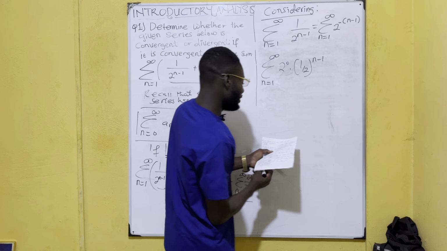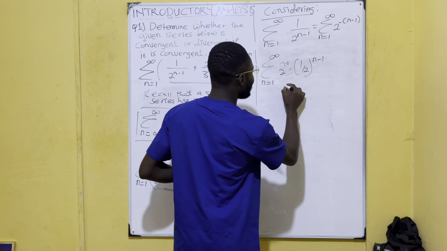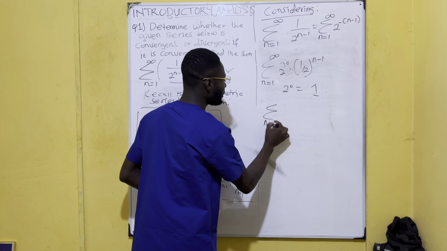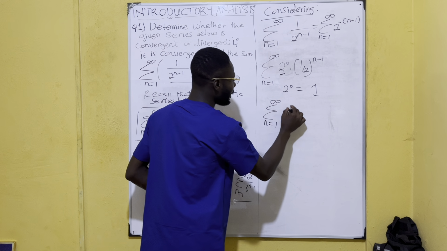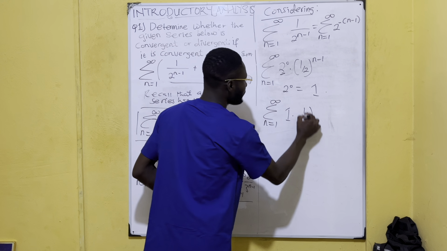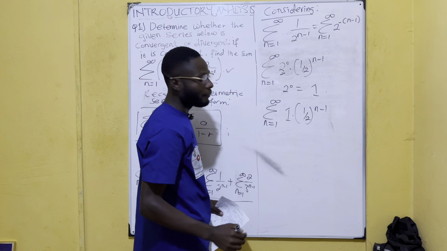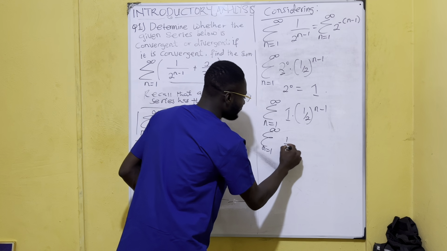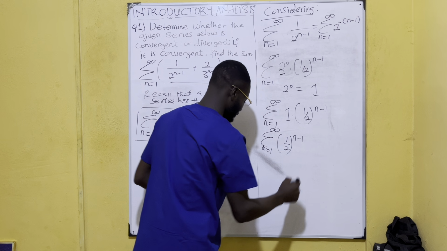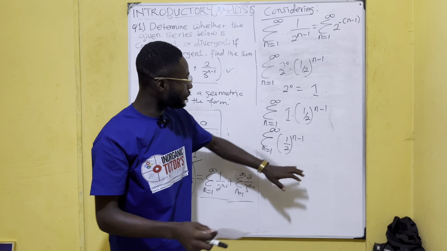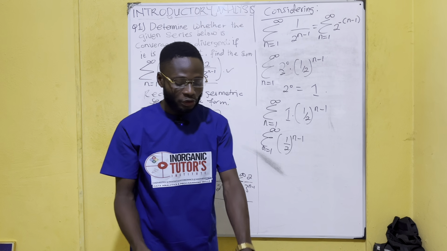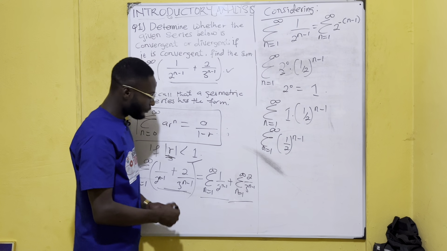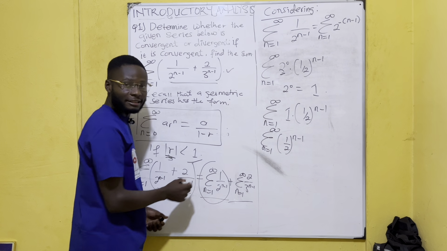Now, we know that 2 to the power 0 is 1. So we have the summation from n equals 1 to infinity of 1 times half to the power n minus 1, so we can basically write this as half to the power n minus 1. This is what we have gotten so far for the first part of the summation.